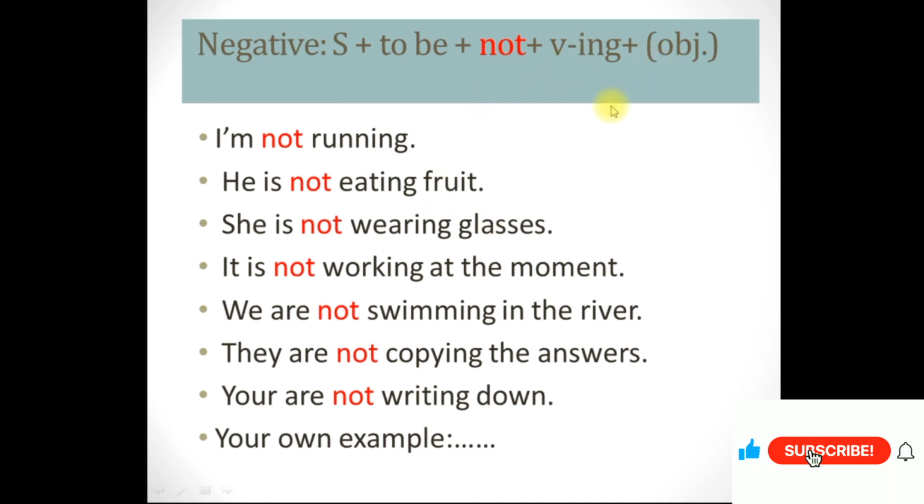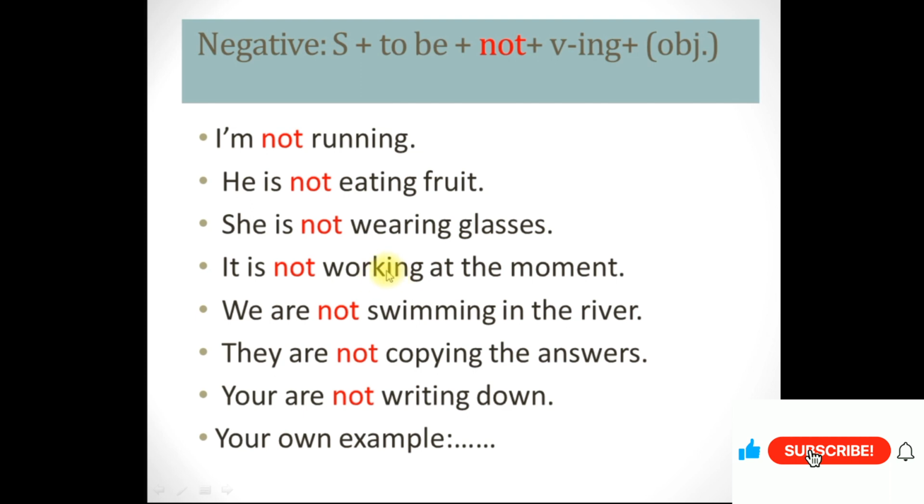And it is not working at the moment, the same, to show the activity that is happening at the time of speaking. It is the subject, is is the verb to be, not, and working is the verb ing, right?